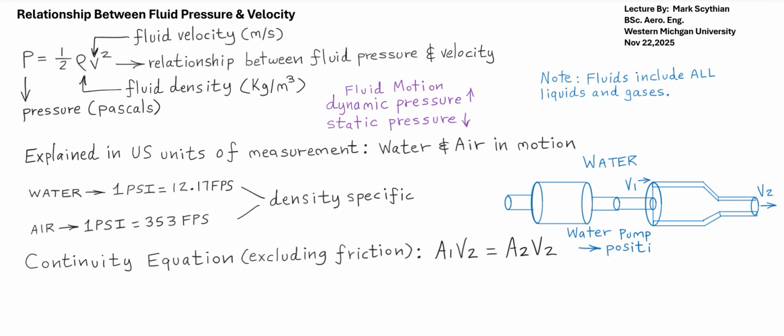So call this water pump. This is positive displacement, so it's pressure pushing rather than a vacuum. It is a positive displacement pump. And so let's say that pump has a 40 psi gauge pressure rating. It goes into the head, has a 4-inch diameter inlet, and then a 0.75 inch diameter outlet.